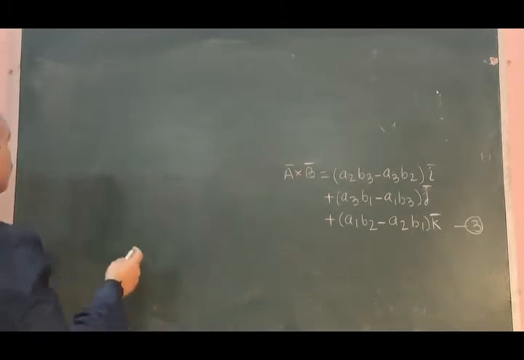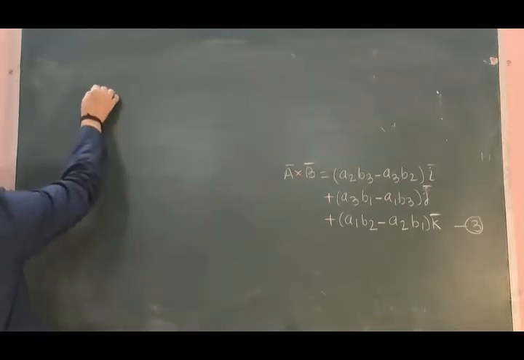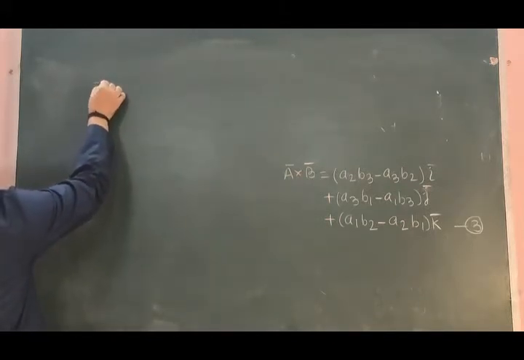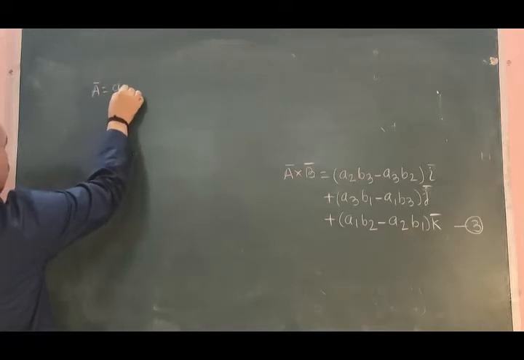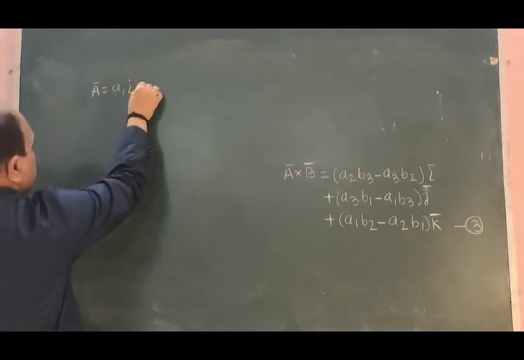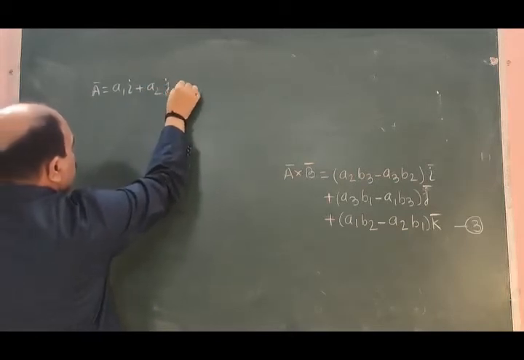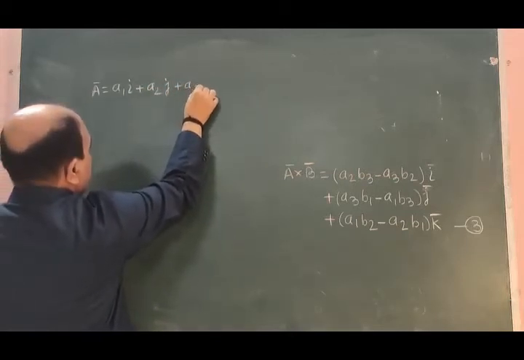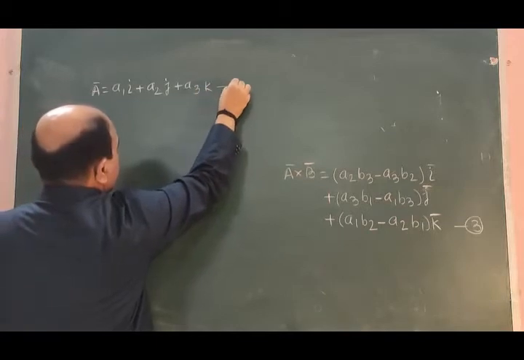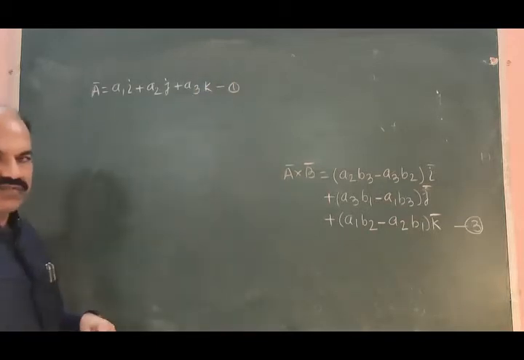So let us consider two vectors. Vector A is equal to A1I plus A2J plus A3K, equation 1.